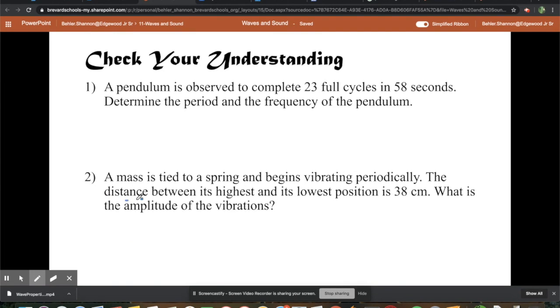It says the distance between its highest and lowest positions is 38 centimeters. So that means if I draw a wave, the mass on the spring goes up, it goes to equilibrium, it comes back down, and then it comes back to equilibrium.